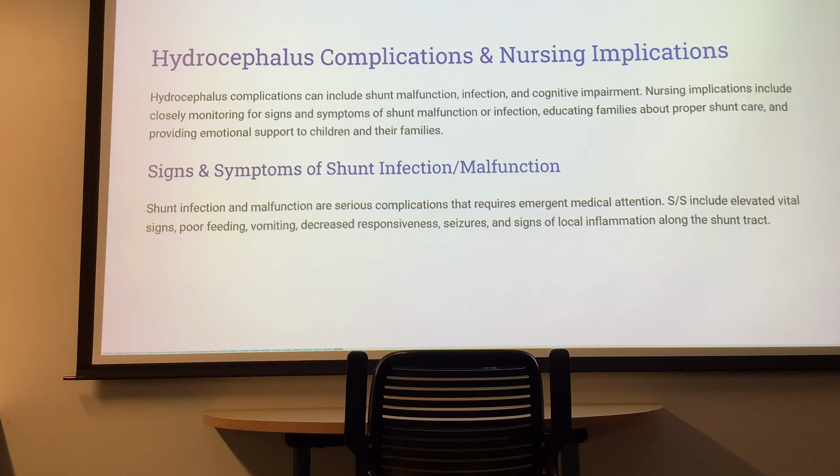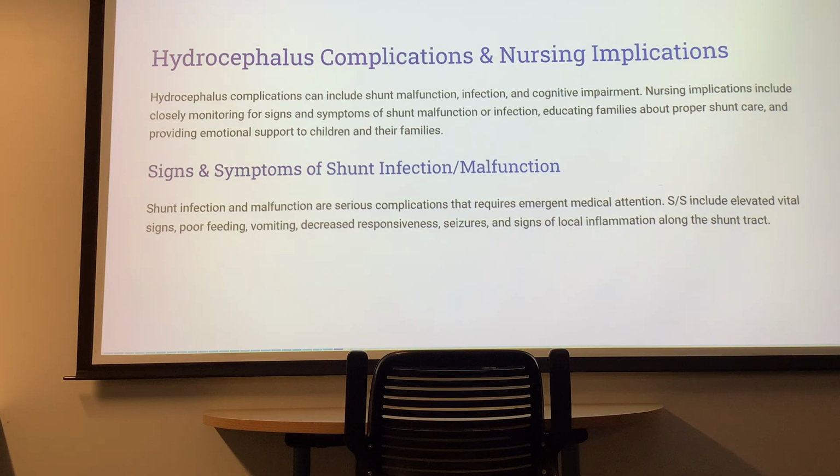Right? So if they've got a malfunction, what are you going to see? The bulging, vomiting, nausea, seizures, bulging eyes, elevated vital signs, right?